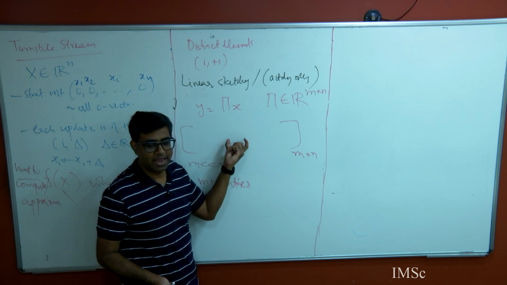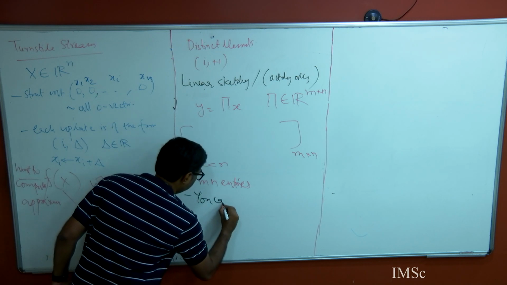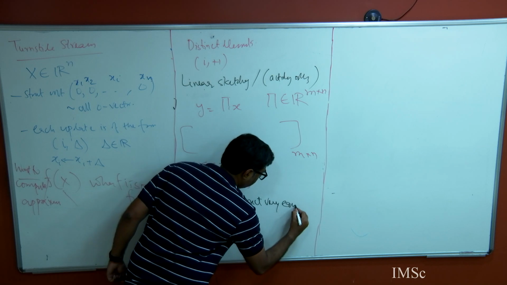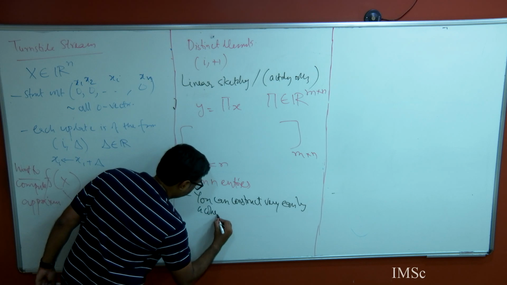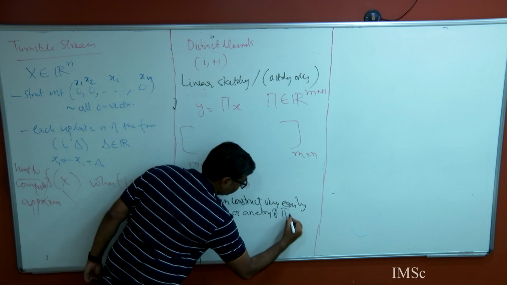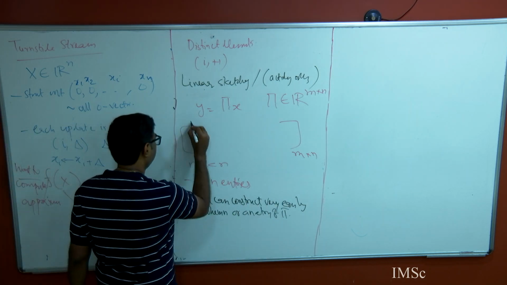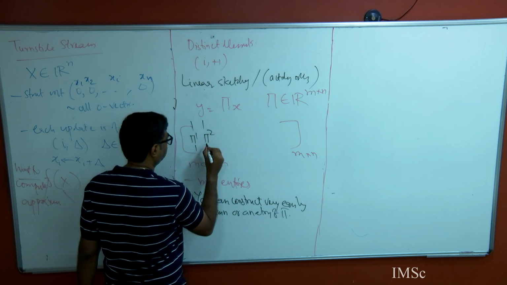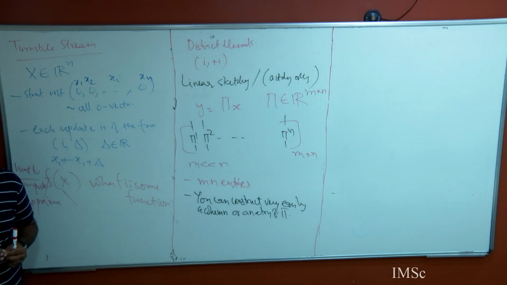You can very easily construct a column or an entry of Pi. Notation is always very helpful, so let's call the columns Pi 1, Pi 2, up to Pi n.